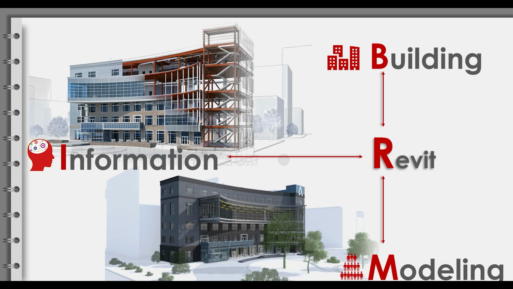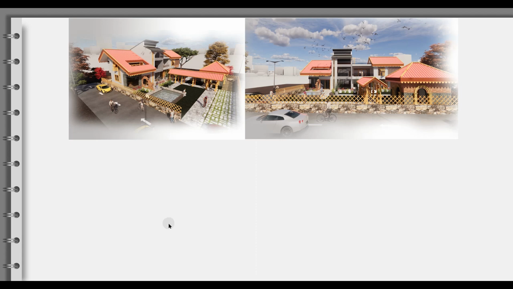The essential building assets, the data that we require for execution of a particular structure on site. A lot of software does that, starting from AutoCAD, Google SketchUp, Rhino, ArchiCAD, and a lot of software deals with the construction industry. But Revit has been proven to be so far the best software since it deals with all the three segments.